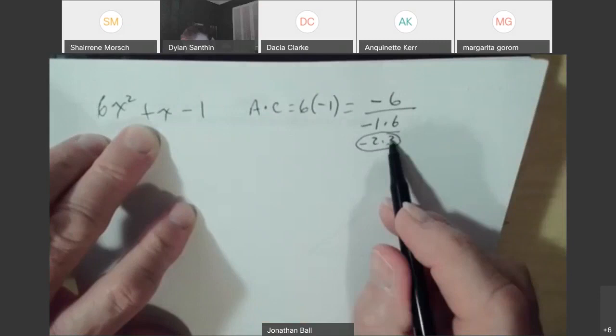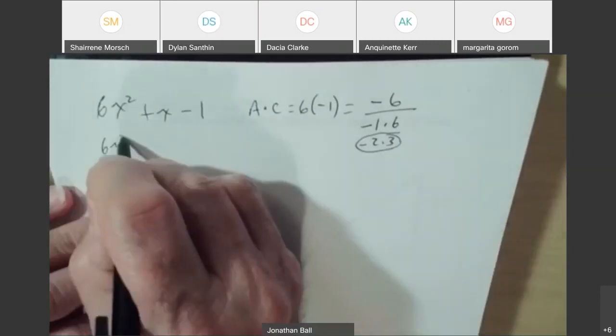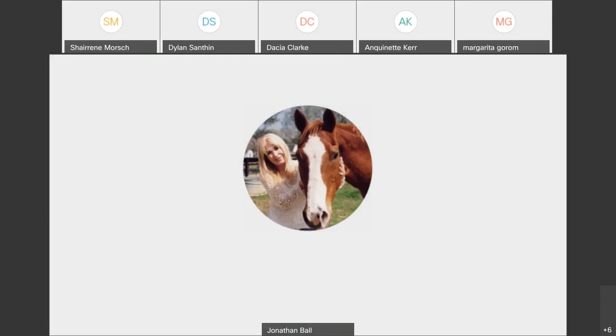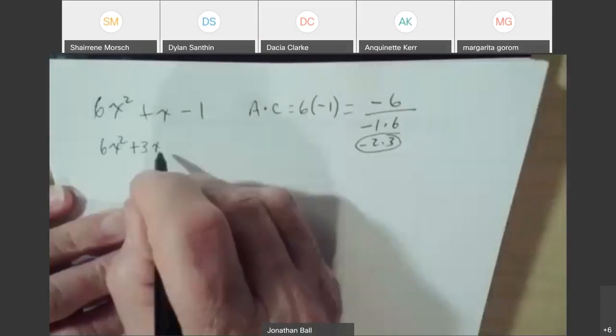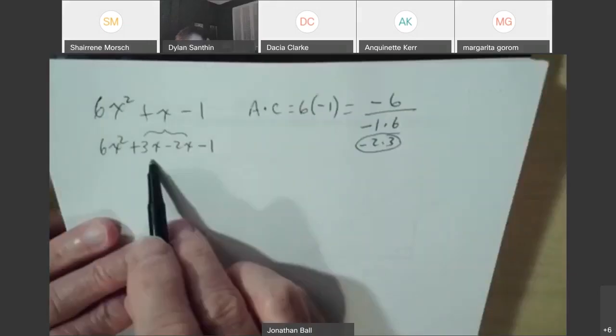So now we're going to split this up. 6x squared. And again, all we did was we took the linear term, that 1x, and split it up into these two.